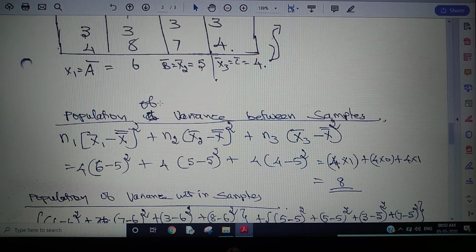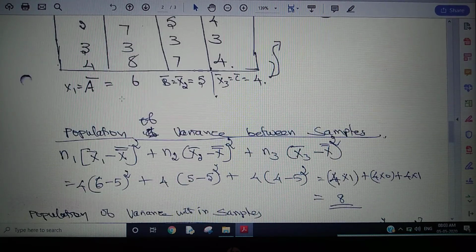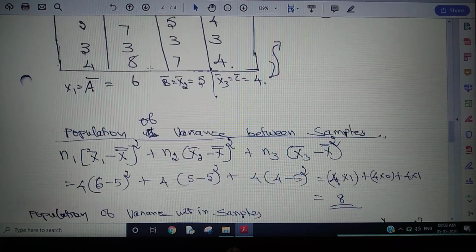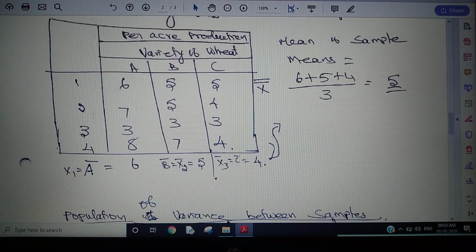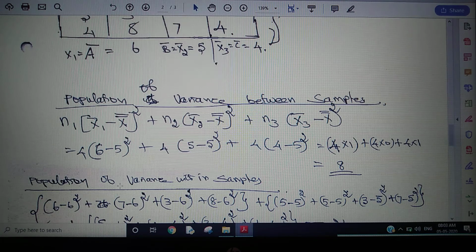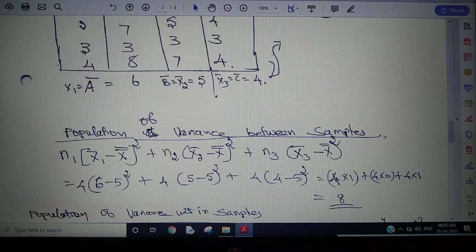Then the population variation between samples. Here we are finding the variance, that is n1, the number of elements in sample 1, times x1 bar minus x double bar whole square. So x1 bar is 6, x double bar is 5, whole square, into the number of elements 4.